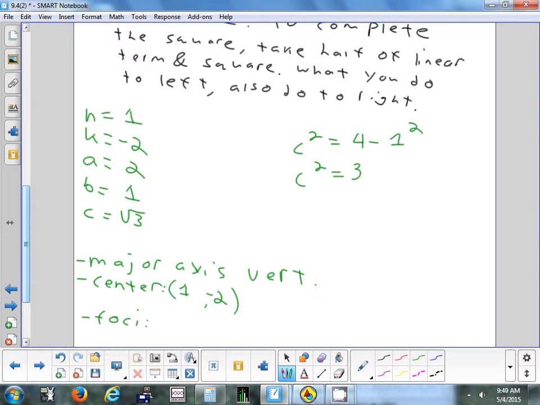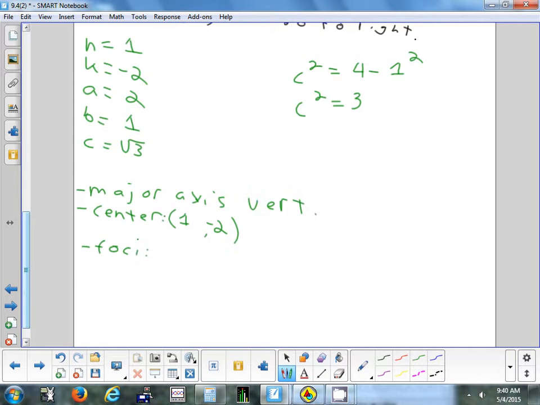So when I'm going above and below this coordinate, don't mess with the x values. If we want to go above the center, square root 3 units, you just take -2 plus square root 3. If you want to go below the center, C units, it'd be -2 minus square root 3.